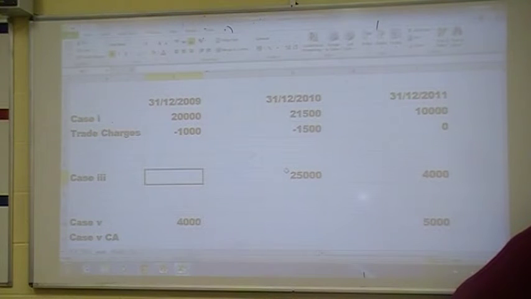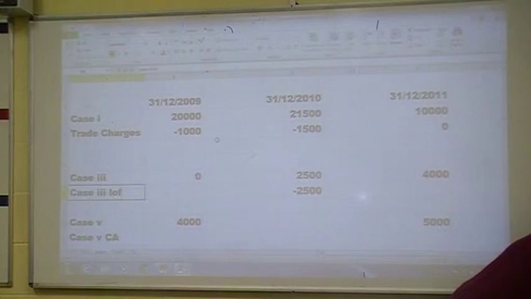Nothing for December 9. For December 10, we've got 2,500 there, so we're going to be wiping that out, bringing it down to 0.